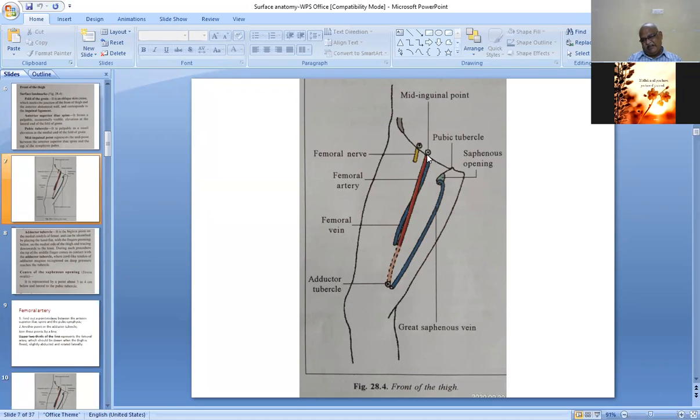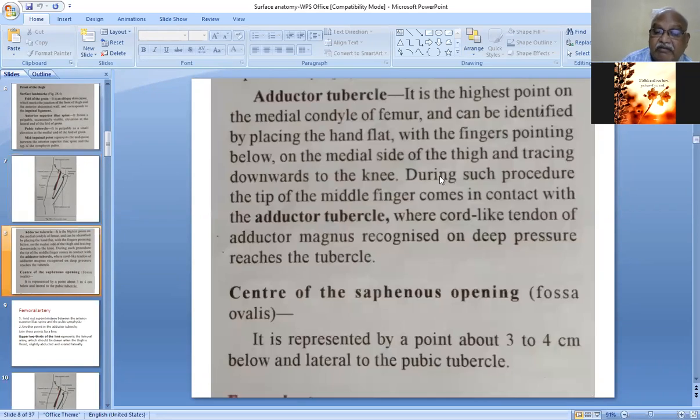You must know it. It is the mid-inguinal region, mid-inguinal point, but not the midpoint of the inguinal ligament. So you see, he has mentioned it here as the mid-inguinal point.